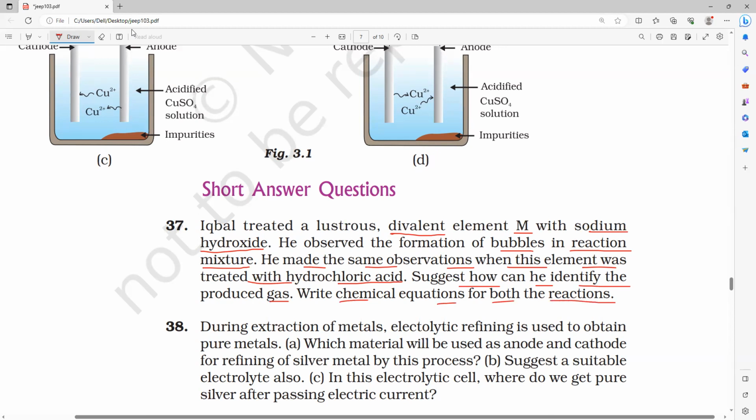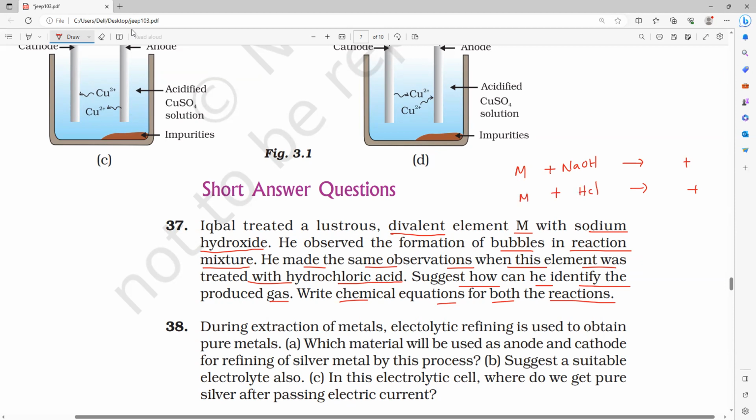Anybody? Again, you can read the question. Iqbal treated a lustrous divalent element M with sodium hydroxide. Let me take some metal M reacting with sodium hydroxide. So we are going to get some product plus some gas. The same gas we are going to get when it is reacting with hydrochloric acid also.